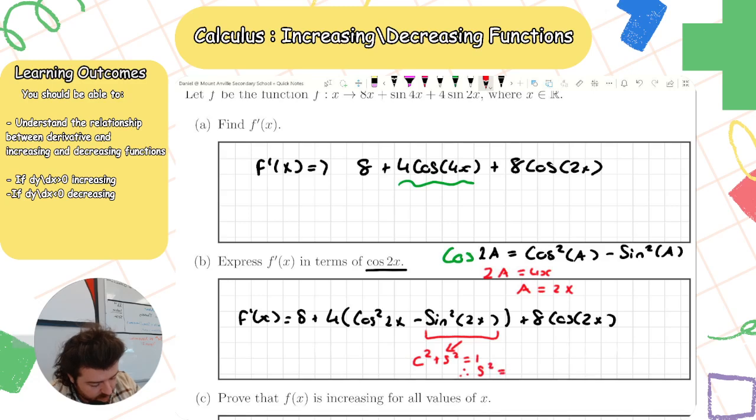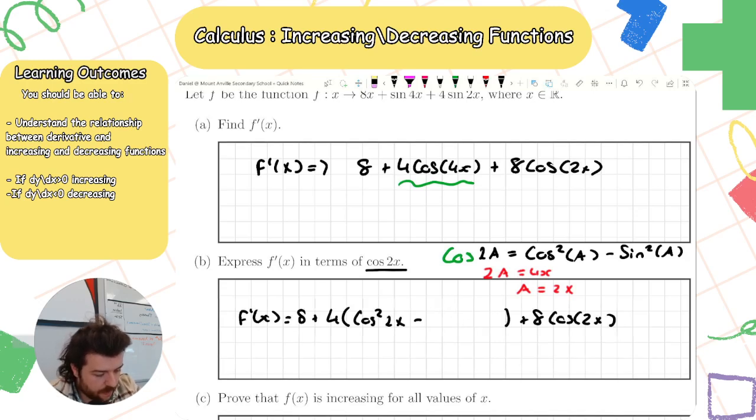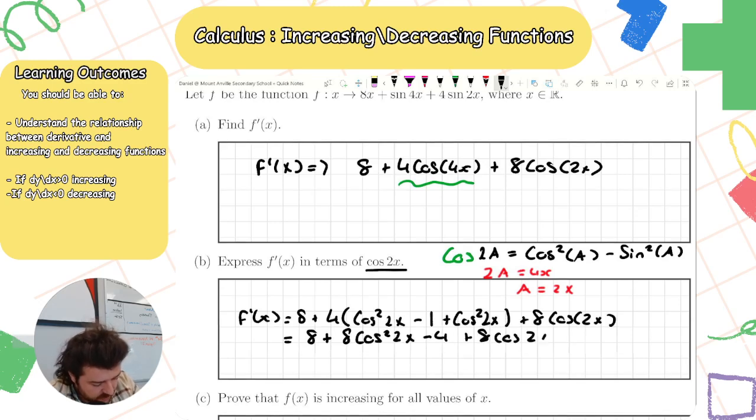Therefore, sine squared equals 1 minus cosine squared. So this here will become 1 minus cosine squared 2x. So minus 1 minus negative cosine squared, that'll be plus cosine squared 2x. So I'm left with here 8 plus cosine squared 2x plus cosine squared 2x, which is 2 cosine squared 2x, times by 4, 8 cosine squared 2x. 4 times minus 1 is minus 4, plus 8 cosine 2x.